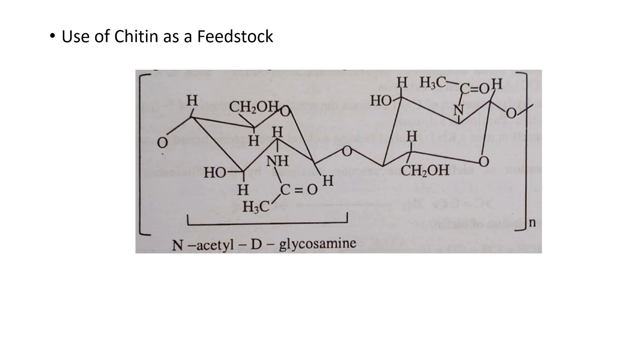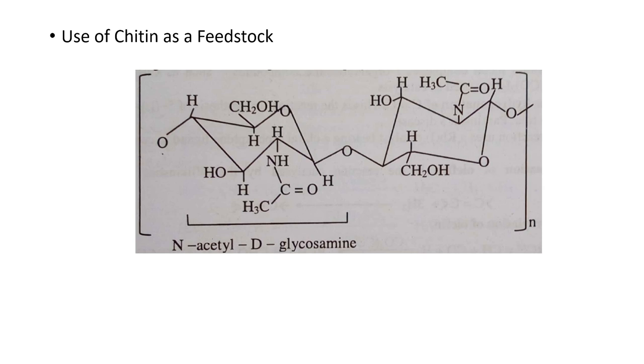Chitin is non-toxic, biodegradable, antimicrobial, and non-allergenic. So use of chitin has twofold benefit. Collection of shellfish will reduce the contamination of seawater, and processing of this waste will give us a useful polymer.